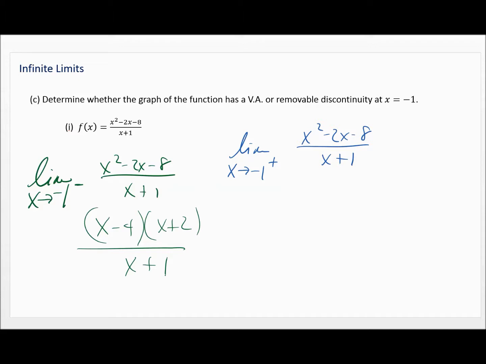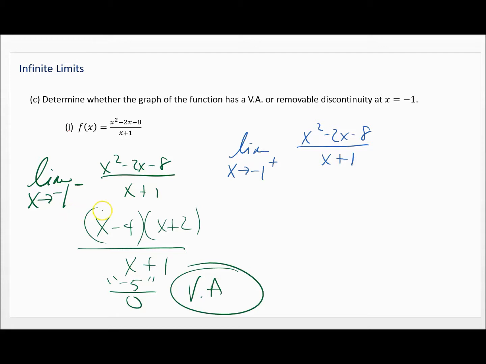What does that mean? If nothing cancels, we plug in -1, we get a 0 in the denominator, and we would get -5 times +1, so -5 in the numerator. That means that guy is a vertical asymptote. Okay, that's all it asked. It didn't actually ask us to find the limit, but how could we figure that out? Okay, let's talk about that.